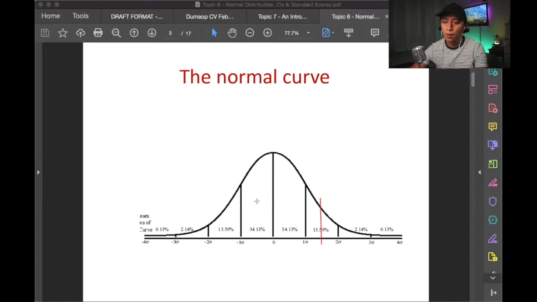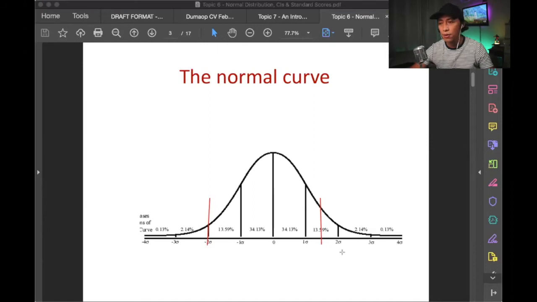Or if, for example, a given raw score, when we compute its z-score, has a z-score of -2, then we can assume that that particular raw score is found somewhere here, at -2 standard deviations below the mean. So these are your z-score values.